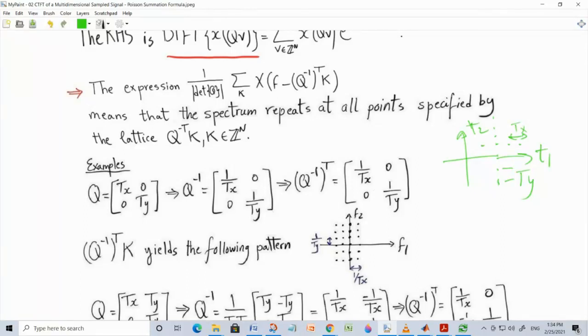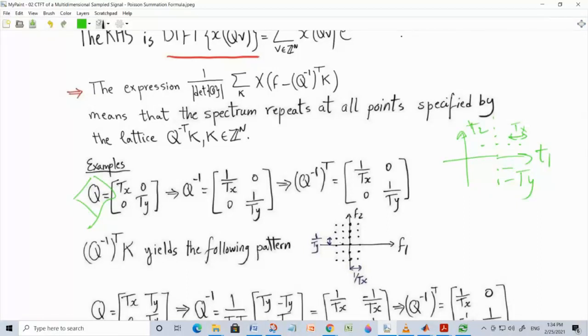It means that the original CTFT of a signal that is sampled using this Q matrix, the spectrum will repeat itself, or will be periodized. You will have replicas, aliases, and they will be centered. Assume that the original signal has a spectrum that is centered around the origin of the frequency domain. Now you will have replicas centered at all the points of this grid, in which the spacing is 1 over Tx along F1 and 1 over Ty along F2.